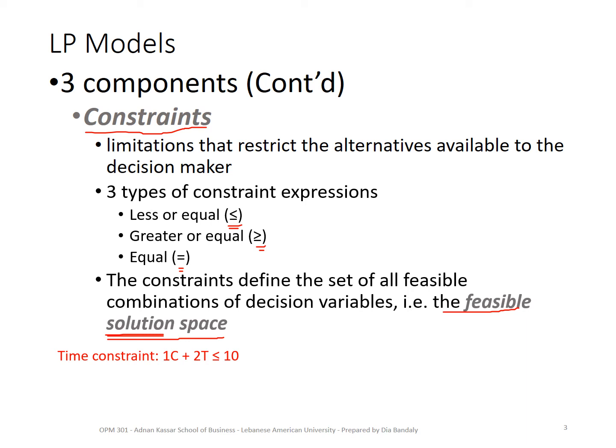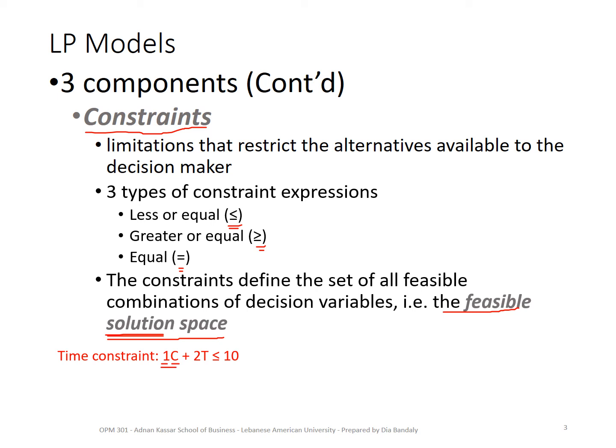I wanted to say that, look, all the time that you put working on the chairs plus the time that you put working on the tables should not exceed the available time of 10 hours. Now I'm approaching the mathematical representation for that. I know that I'm making a C number of chairs, and every chair requires 1 hour. So the time for the chairs is 1 times C.